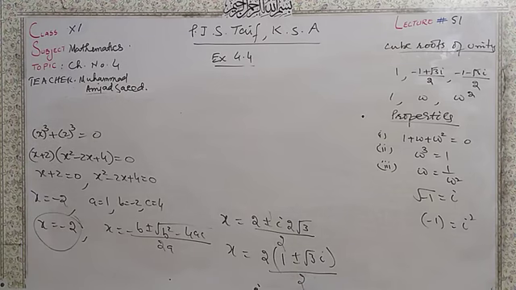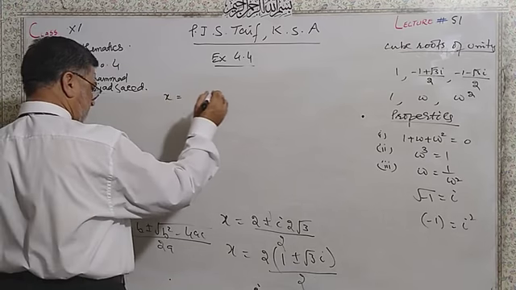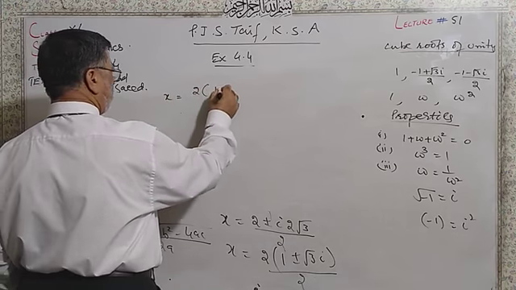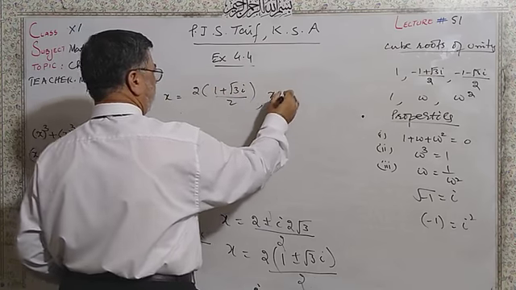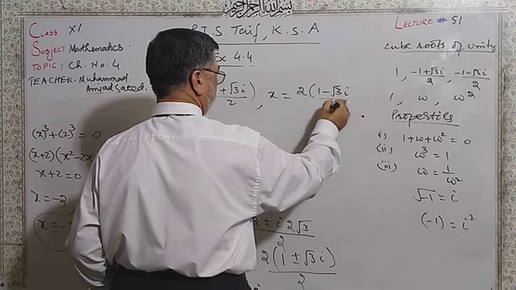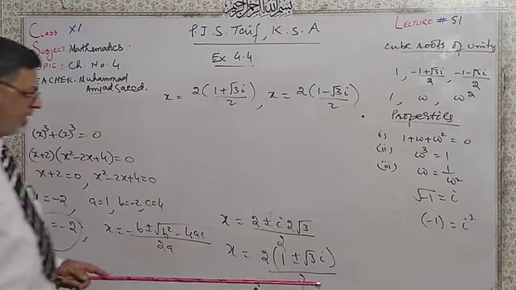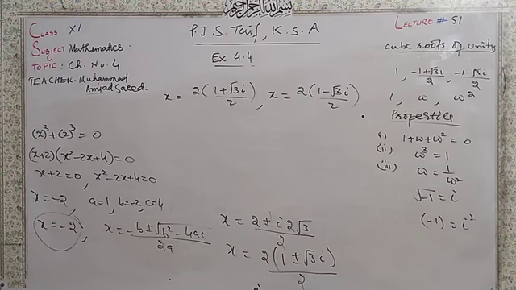Already we have found that. So x is equal to 2 into (1 + √3 iota) over 2, and x is equal to 2 into (1 - √3 iota) over 2. We have written twice, once positive and once negative.